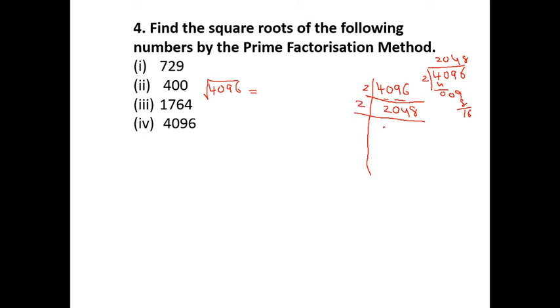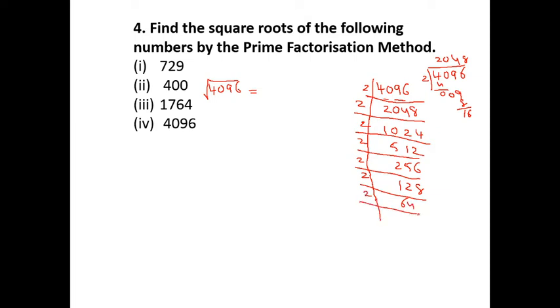Now again divided by 2, 1024. Again divided by 2, 512. Again divided by 2, 256. Again divided by 2, 128. Again divided by 2, 64.